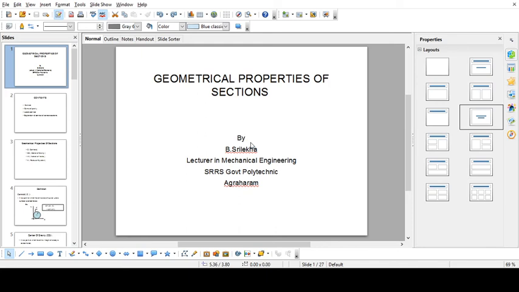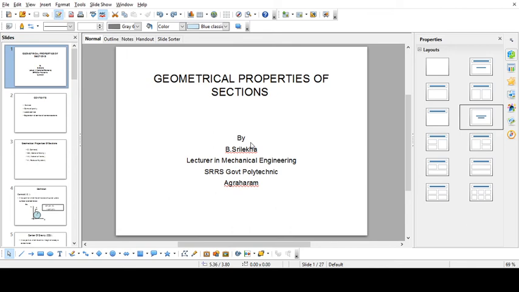To find the centroid of complex shapes, we first consider the laminar area, and then divide that lamina into small areas A1, A2 and so on, whose centroids are denoted in terms of x1, y1, x2, y2, x3, y3 and so on from the x and y axes. From the principle of moments, we know that A x bar equals a1 x1 plus a2 x2 and so on till an xn.